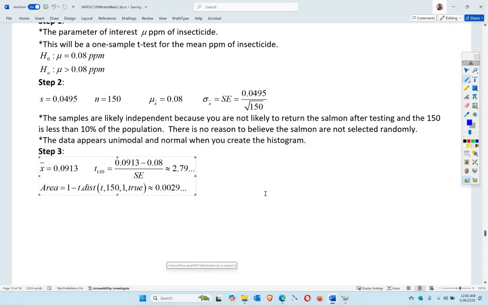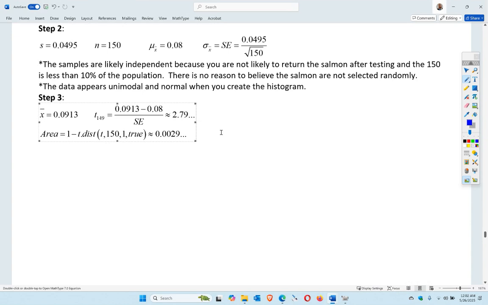Okay, so the question is, what is our alpha, right? So we need to go to step 4.